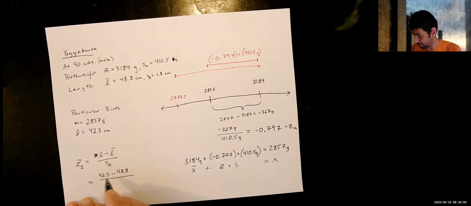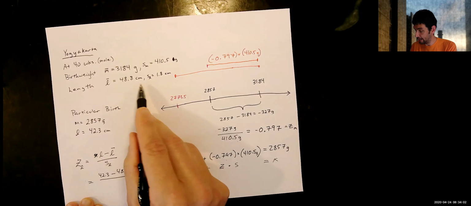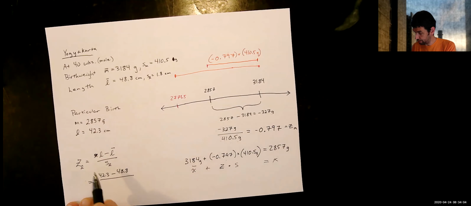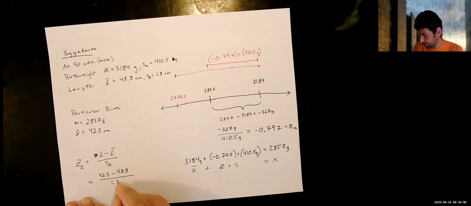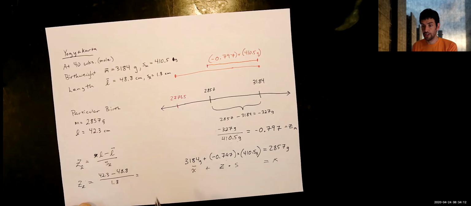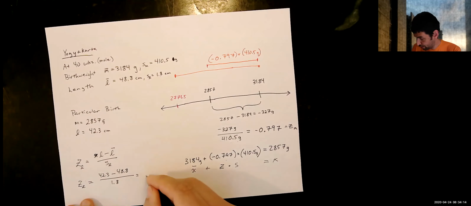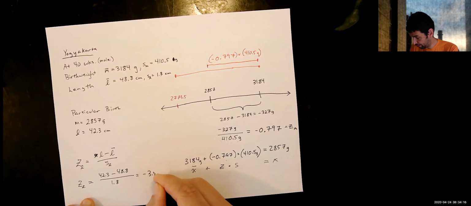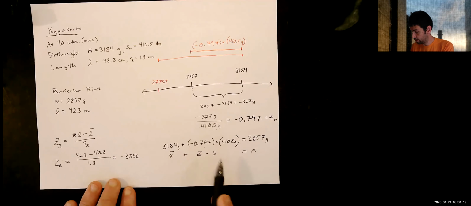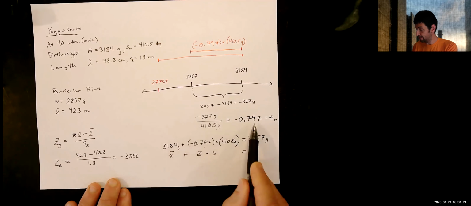This is in centimeters, dividing by the standard deviation, 1.8 centimeters. So we have centimeters minus centimeters gives me centimeters, divided by centimeters gives me no units. And we get a Z-score of negative 3.556, right?